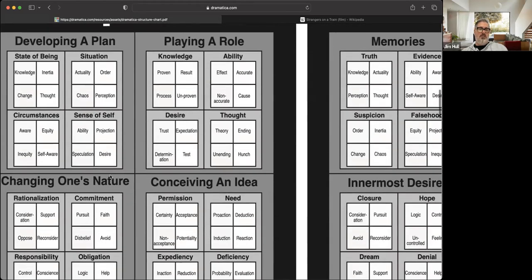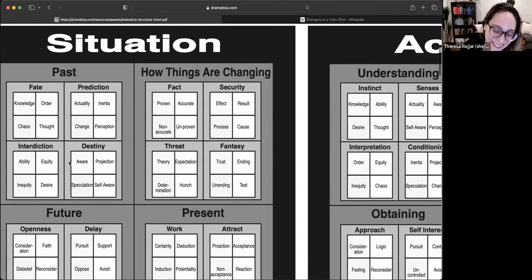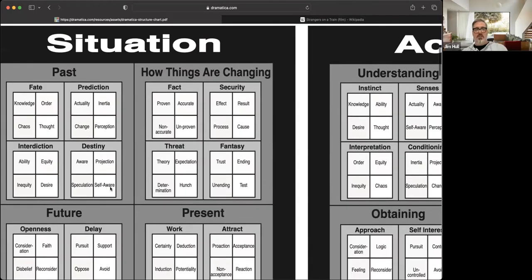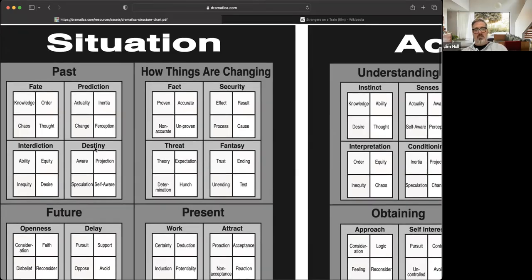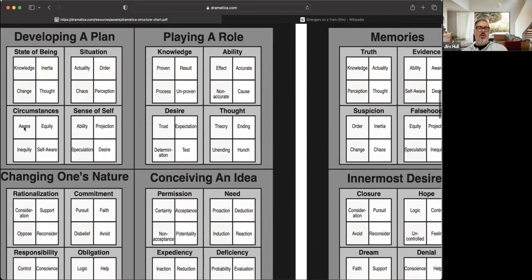That would mean, okay, so then if it's self-aware, that means the focus would be equity and the direction would be inequity. Oh yeah, I don't know how that works. Or Guy, if it was self-aware, his focus would be projection and his direction would be speculation. And his issue would be destiny. I mean, they do become aware at the end.